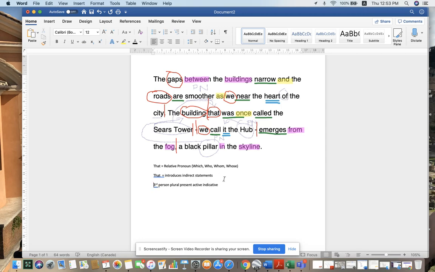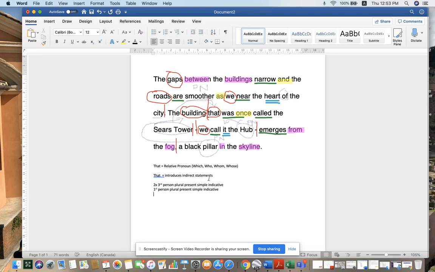So we're going to put 2 times third person, plural, present, active, indicative, because roads are also plural. We near, that's first person, plural, present, active, indicative. Oh, and I'm sorry, I forgot. It should be simple. Okay, simple.